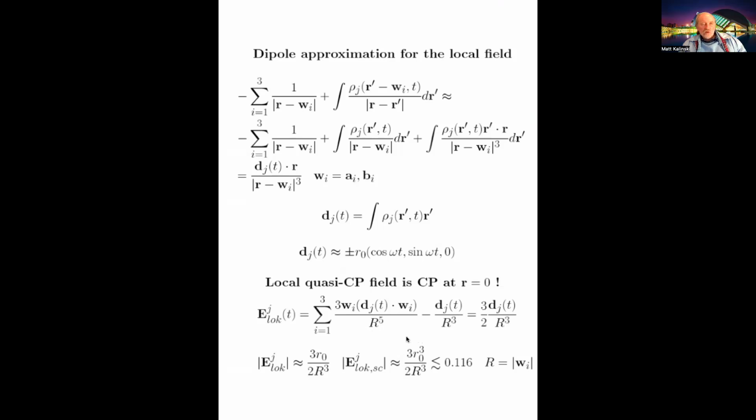Okay, and the basic condition for existence of such matter is, of course, that this local field does not exceed the critical field from the theory of the Trojan wave packets. In the theory of the original Trojan wave packets in CP field, it appears that the stability of motion is destroyed when the field strength is too strong, and this is the scaled field strength, the ratio between the strength of the electric field and the Coulomb field at the point of orbit.